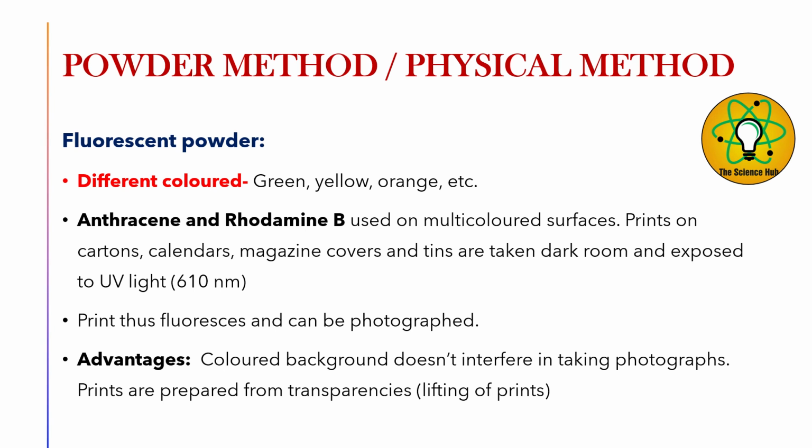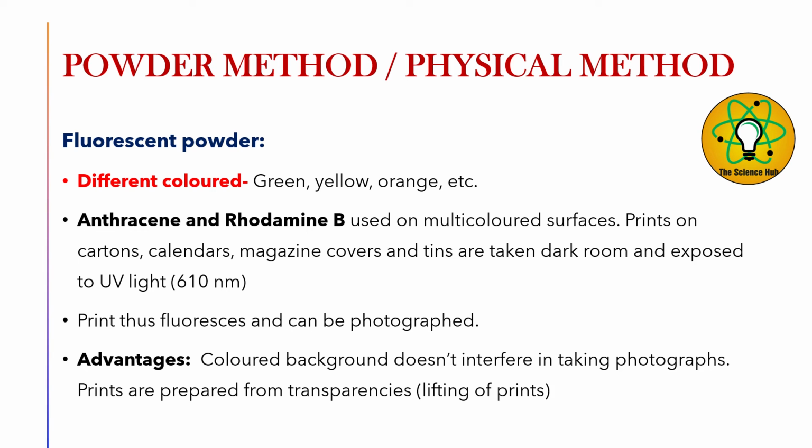Fluorescent powder, different colored, that is green, yellow, orange, anthracene and rhodamine B, used on the multicolored surface. Prints on cartons, calendars, magazine covers and tins are taken in a dark room and exposed to UV light at 610 nanometer.